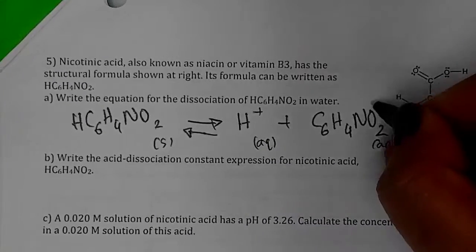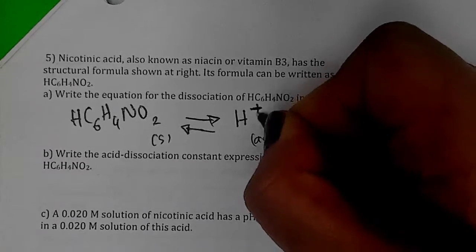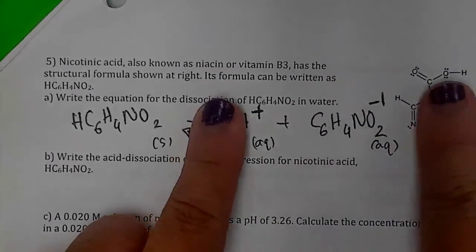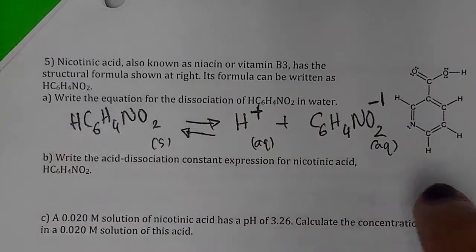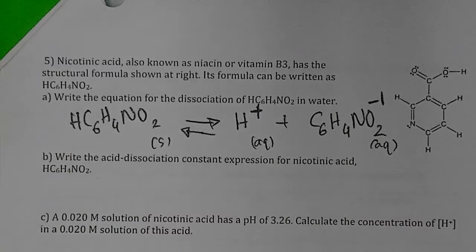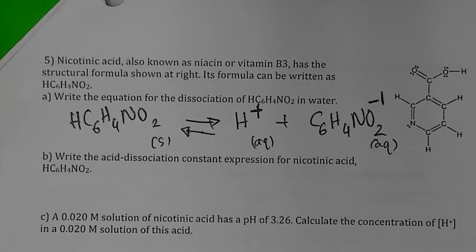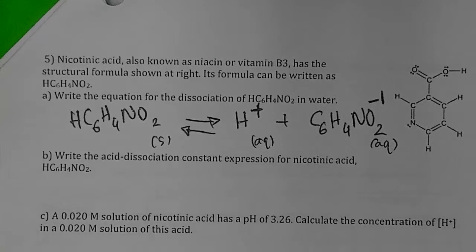Yeah, I am missing the charges. You see these two together? Charge has to be balanced, right? Weak acid. How do you know it's weak? Because it's not one of the 7 that we memorized. Okay? All right. Right there at Ka.